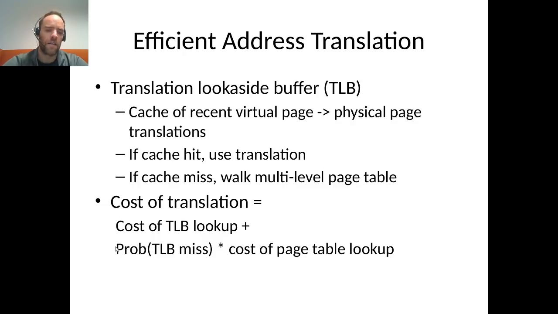So this turns into the probability of that miss multiplied by how much time that takes, and this will give us an overall average cost of lookup.